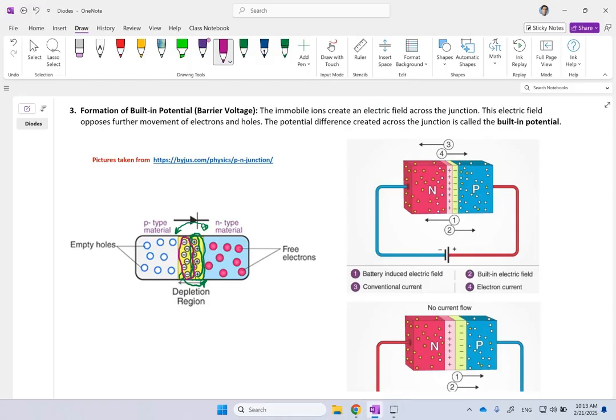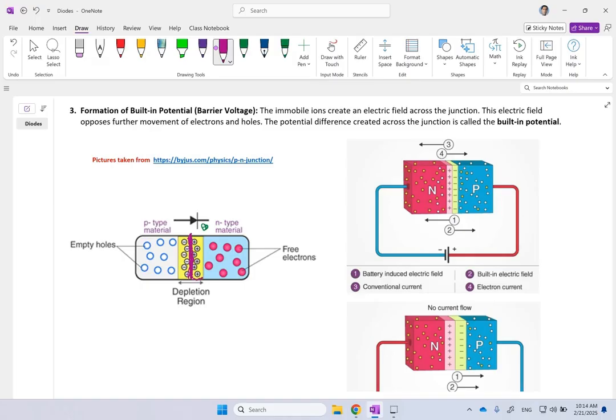Okay? And in between, right at the boundary, you also have a region that literally does not have too much charge. It's a small band in between that is basically free of any charge, a very narrow band.